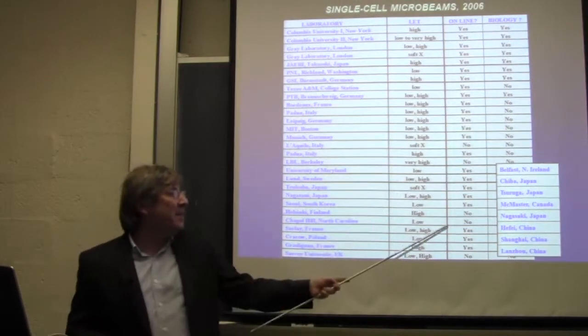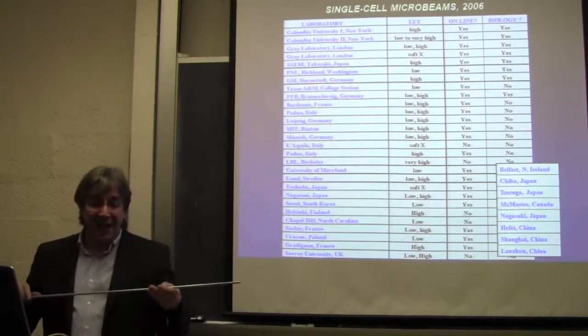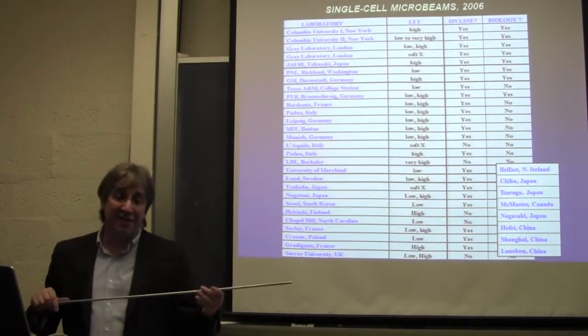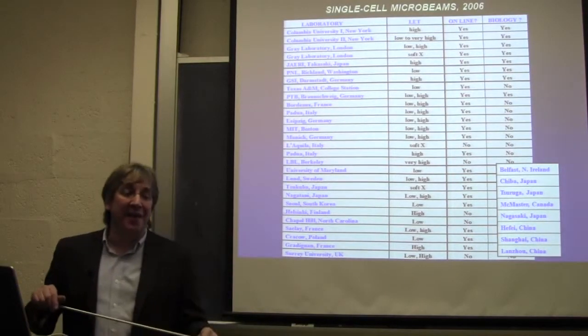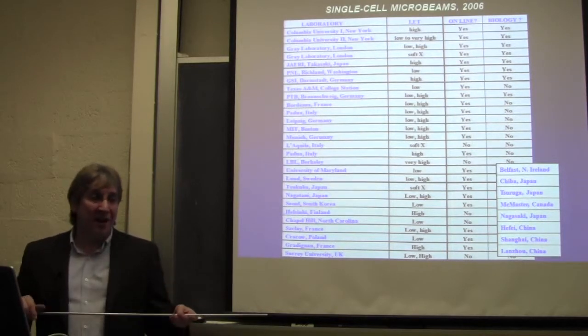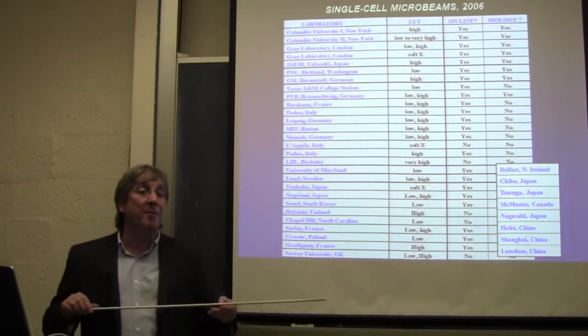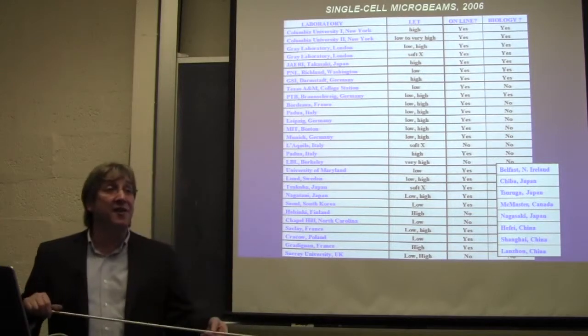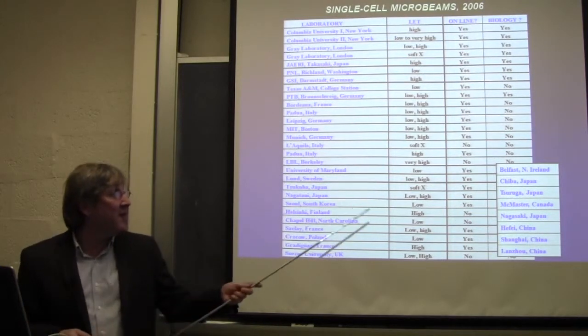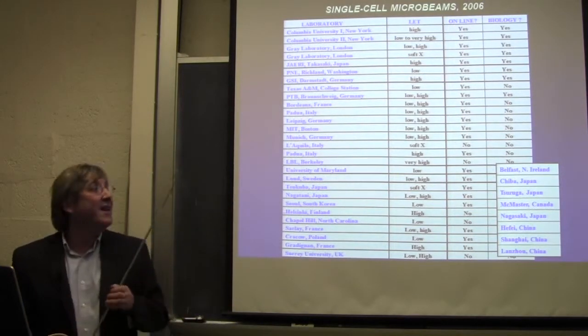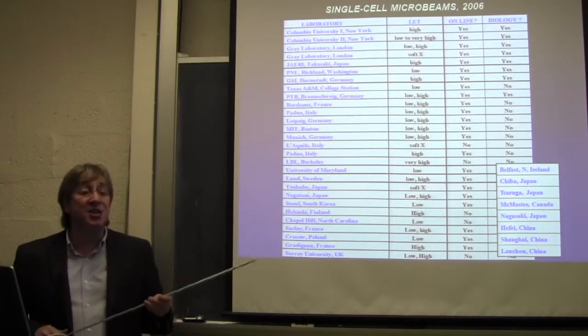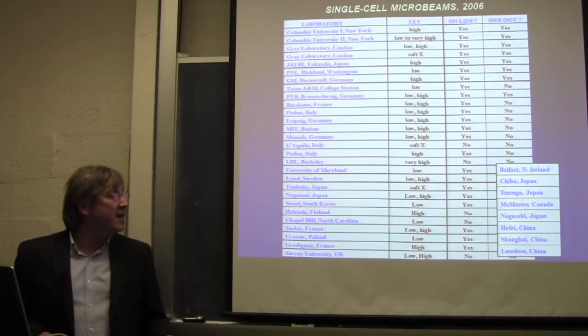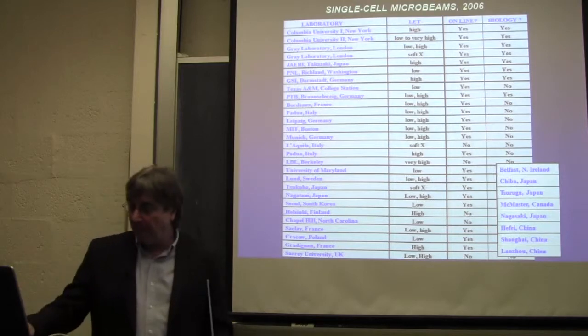Because it's one thing to get a microbeam online, but to actually get the biology working, as you'll see over the next few days, that's a whole other kettle of fish, much, much harder. If you want to do experiments with live cells, of course they have to be outside the vacuum of the microbeam, and that's one of the big issues with microbeam studies in the biological world.